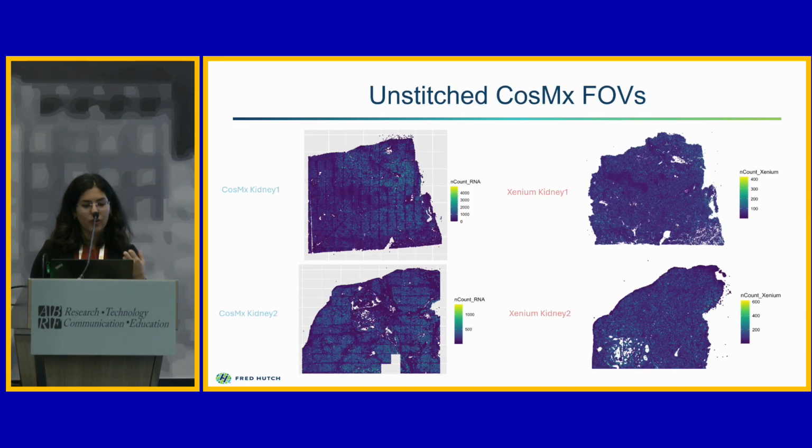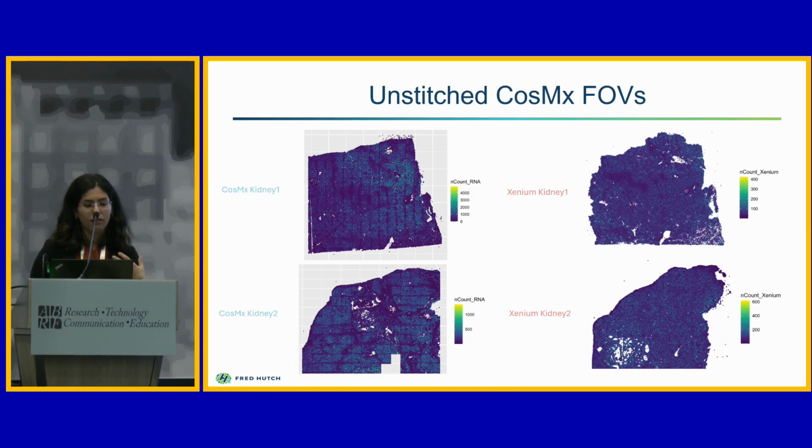So, just going through some of the things that we experienced for the Cosmics, even though it is whole tissue imaging, you can appreciate that these are FOVs that are next to each other, and these FOVs are not stitched.